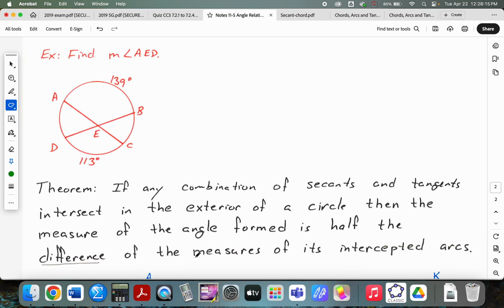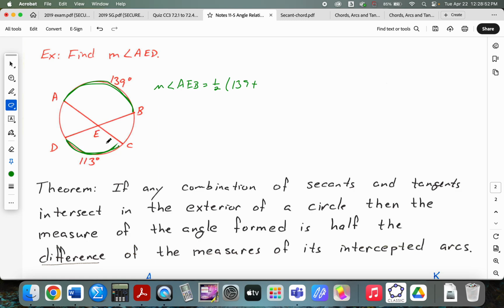So for example here, we're trying to find the measure of angle AED. Well, AED, we don't know anything about its arc or its vertical angle's arc. So instead, what we're going to do is find the measure of angle AEB. The measure of angle AEB is going to be half of the arc that it intercepts, which is 139, plus the arc that its vertical angle intercepts.